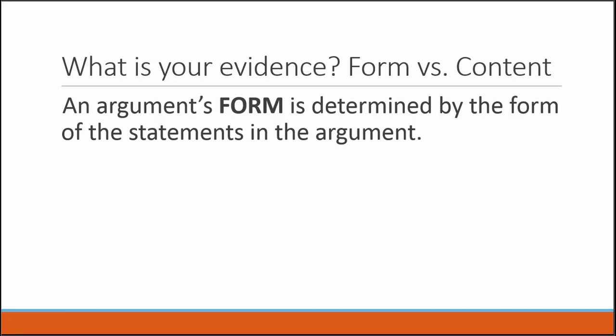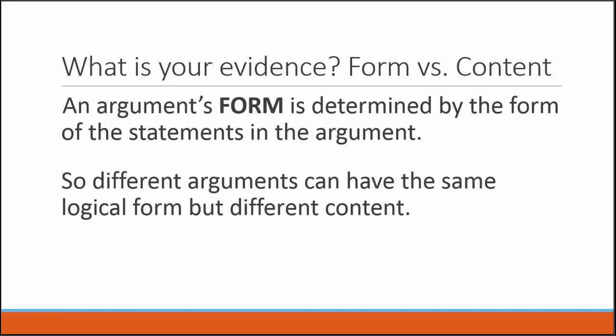So just like statements have a form, arguments have a form. They have a structure, they have a pattern. And the form of the argument depends on the form of the statements in the argument. So again, just like statements, different arguments can have the same logical form, but different content.